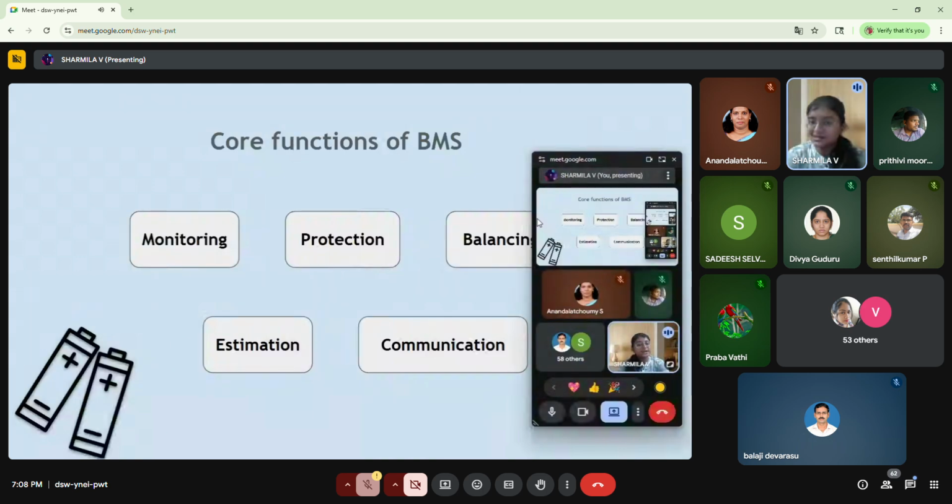And finally, communication. There should be a centralized system, or a centralized cloud, to store all the data that is coming from a battery monitoring system, right? These estimations, monitoring parameters, and all the data, such as the power ratings and the power supply being sent to each and every device, have to be saved somewhere and communicated effectively.